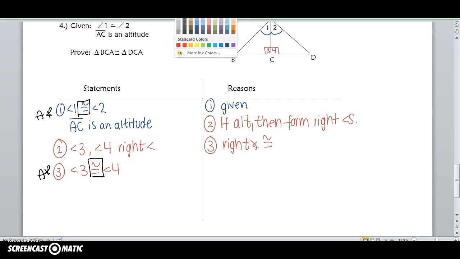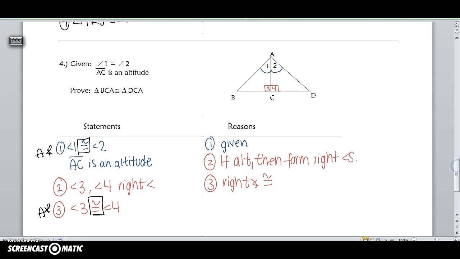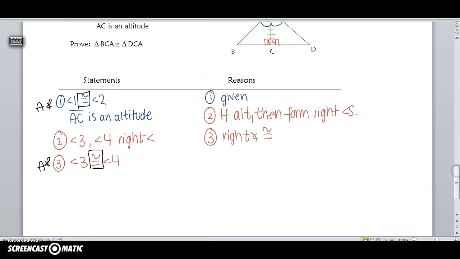I need one more piece of evidence to prove triangles congruent. What will that be? Compare BCA to DCA. That third piece is an overlapping segment. So my conclusion is that AC will be congruent to AC by the reflexive property.